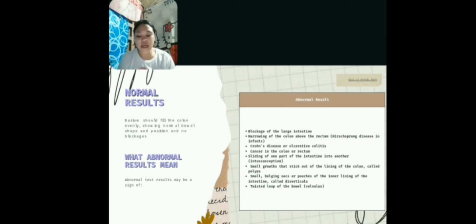So the abnormal test results may be signs of blockage of the large intestine, narrowing of the colon above the rectum, Crohn's diseases or ulcerative colitis, cancer in the colon or rectum, sliding of one part of the intestine into another, small growths that stick out of the lining of the colon, called polyps, and small bulging sacs or pouches of the inner lining of the intestine, called diverticula, twisted loop of the bowel.